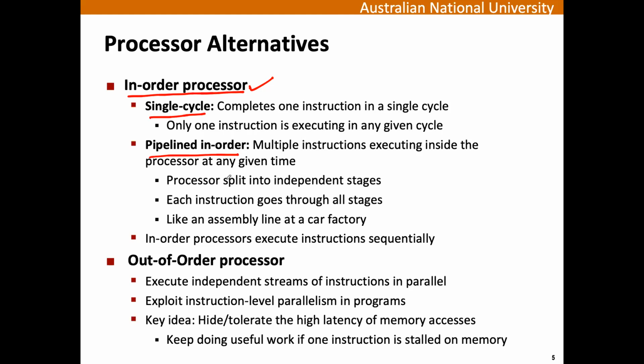So a processor is split into independent stages. If you think about what steps are involved in executing an instruction: you have to fetch the instruction. Instructions are typically stored in memory. You have to decode what's the meaning of the instruction.